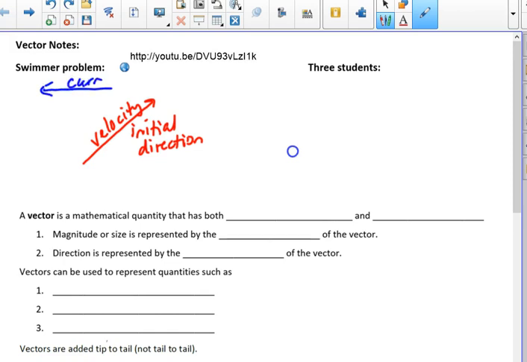So this is the current of the river, and it pushed her so that when she started out swimming this way, she ended up swimming this direction. So she really got pushed from one side to the other by the current. All right, so these are examples of vectors.